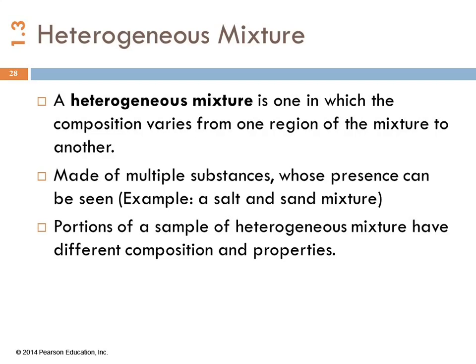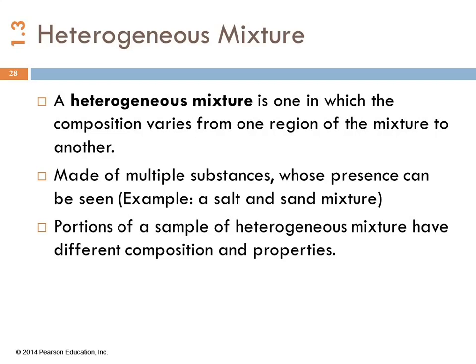So heterogeneous, the composition varies. So if you have salt and sand and you mix them together, if you look real closely at that, you can see the individual salt crystals and the individual sand grains, right? The composition of each of those little particles is different, and you can see that. Another example might be macaroni and cheese.